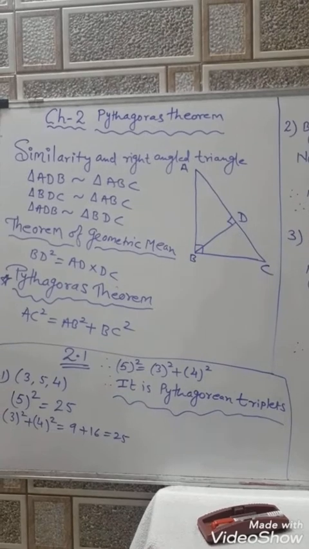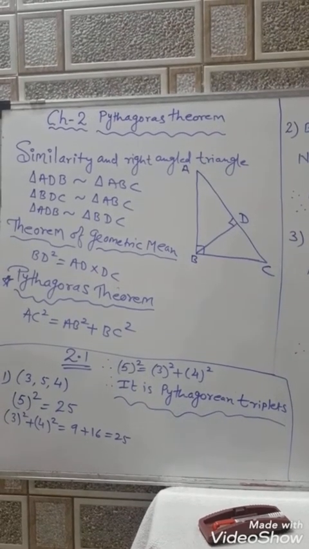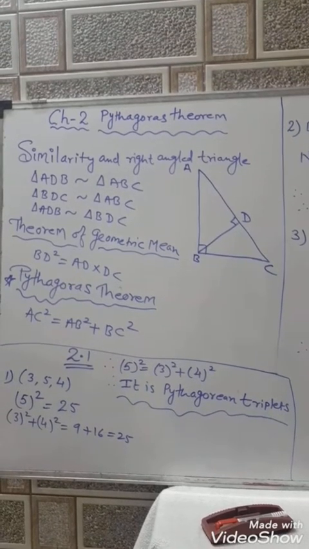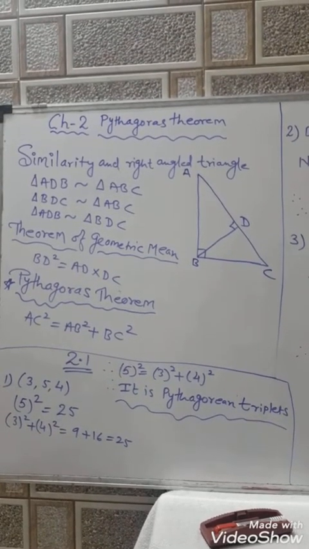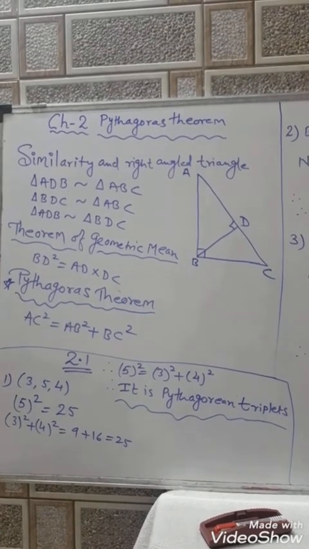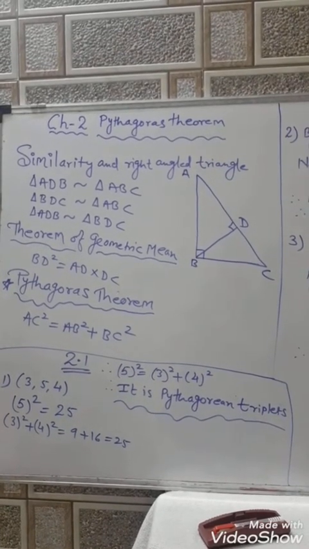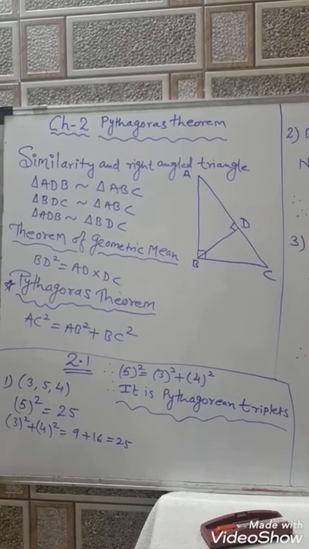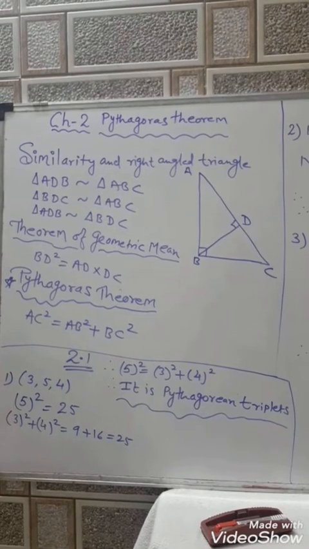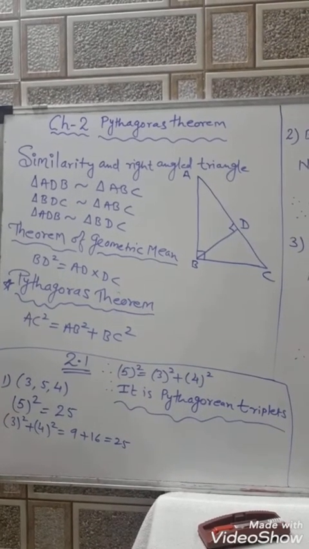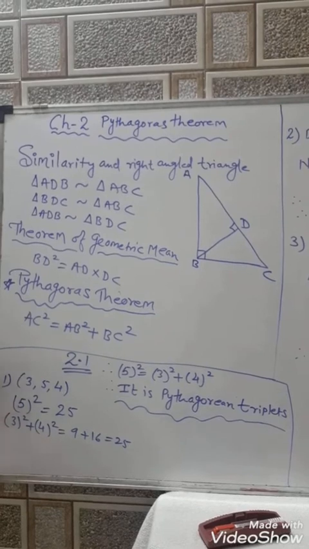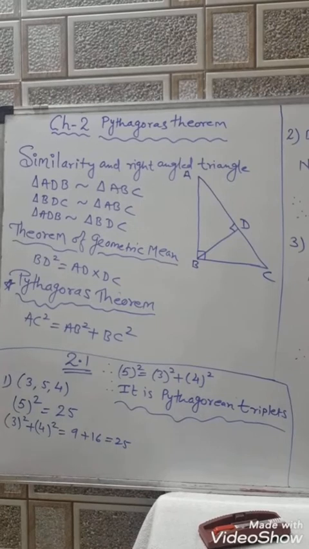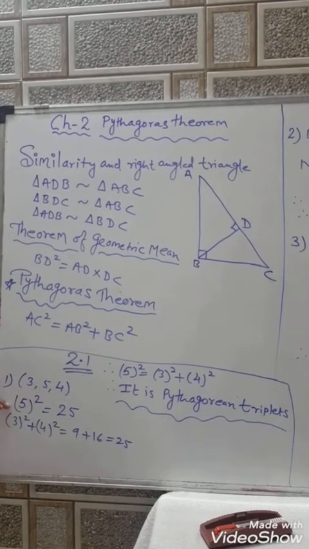Now we start with practice set 2.1. In the first question of practice set 2.1, it is given: identify with reason which of the following are Pythagorean triplets. To find out a Pythagorean triplet, first we check the three sides given. That is 3, 5 and 4. So which one is greater? For the greatest, you have to make its square.